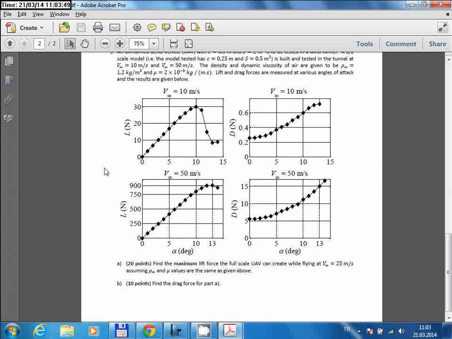If you look at the data given, we are given lift and drag measurements obtained in a wind tunnel at different speeds, right? So the tests were performed at 2 different speeds. The first one is at 10 meters per second. The second one at 50 meters per second.